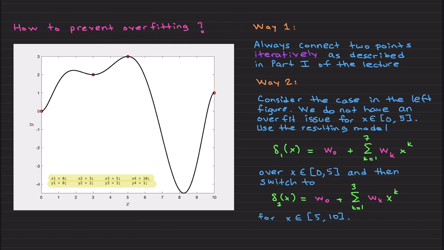I would like to talk about 2 ways. Way 1, always connect 2 points iteratively as described in part 1 of this lecture, meaning that connect this like this, then find another fit between these 2 points and find the third fit between these points. This will certainly prevent overfitting.